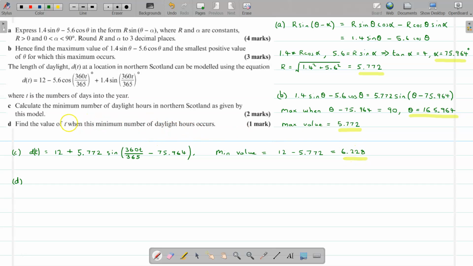Well, we need to find out what the value of t is when the sine of this bracket is worth -1. If the sine of the angle is -1, that angle has to be 270 degrees, because if you think about the sine graph, the first occurrence of -1 is when the angle is 270.